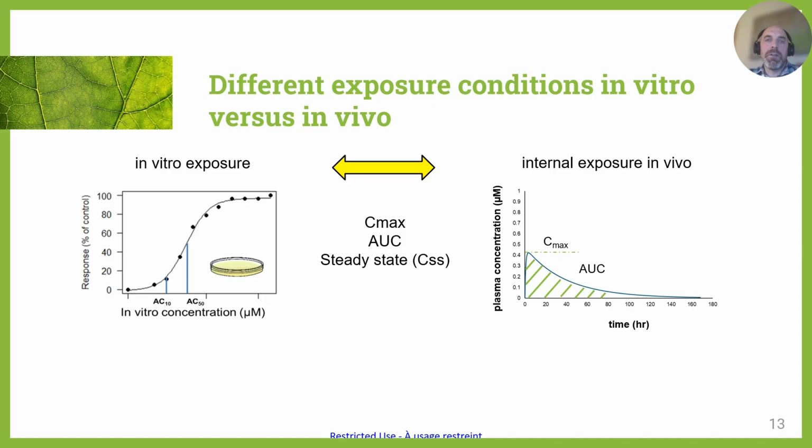On the right part of this slide, you see a typical example of time-dependent concentration in plasma upon a single exposure to a chemical, leading to a certain maximal concentration, Cmax, and an area under the concentration time curve, AUC, which are important pharmacokinetic parameters to relate internal exposure to effects.